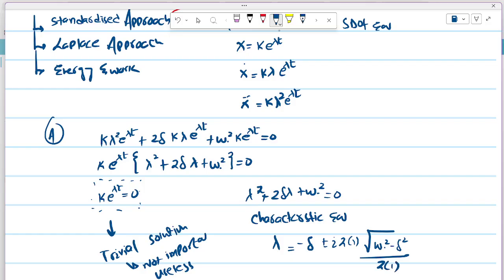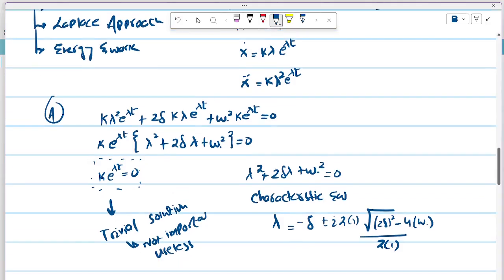So minus b plus minus under root b square, that is 4a square minus 4ac, where delta square minus 4, a is 1 and c is omega square, that's b square minus 4ac divided by 2a.